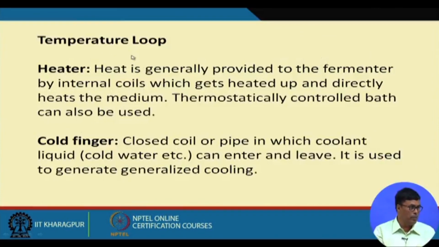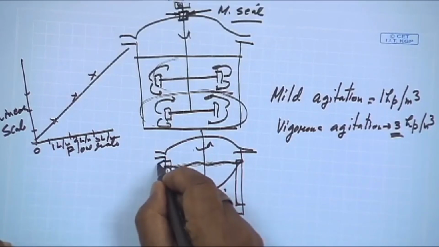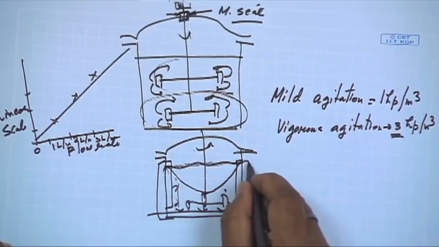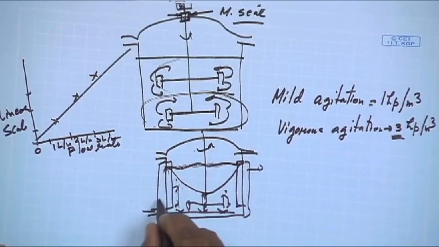Then we have the temperature loop, with heater and cooling finger. In fermenters we usually put a jacket and pass water through it, but then there is every possibility of a channeling effect.